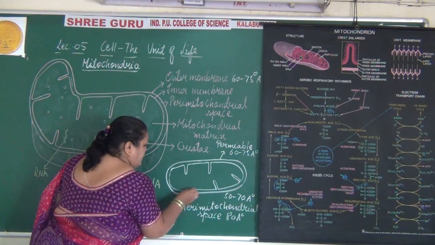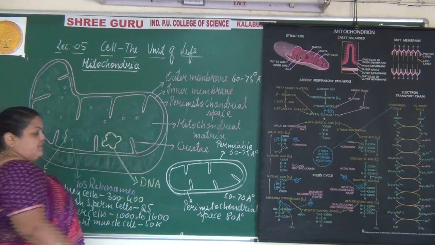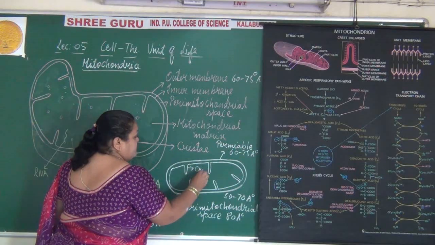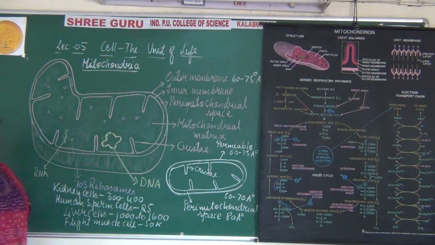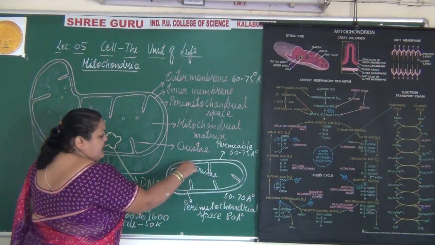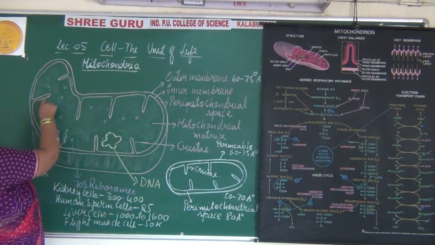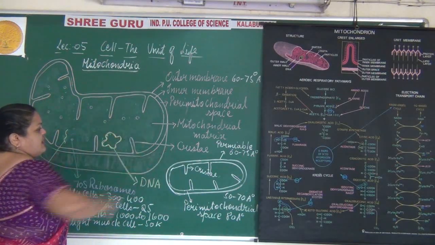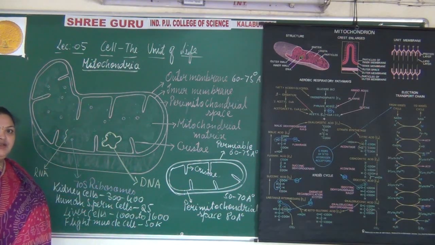These inner folded projections are called cristae, singularly a crista.